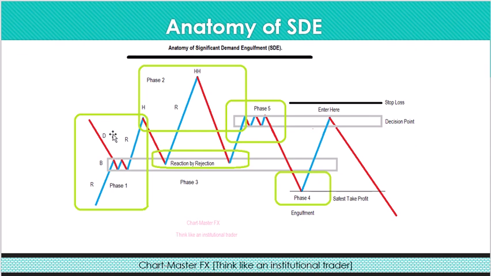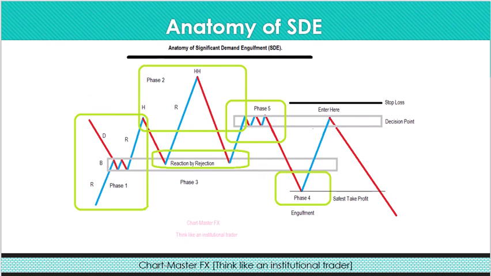These are two possible situations when it comes to a selling setup. Once you identify your phase number 1, then you go to phase number 2.